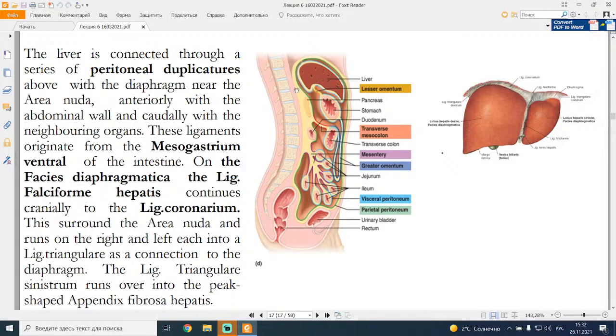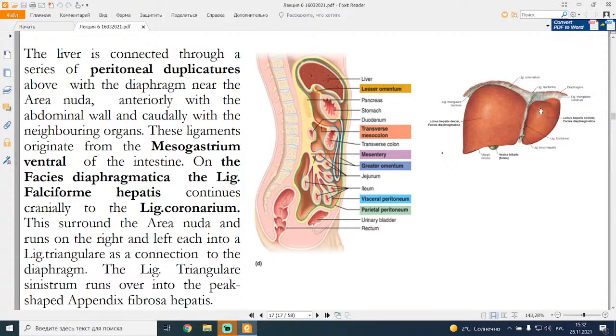This ligament originates from the mesogastrium ventrale of the intestine on the facies diaphragmatica. What you see is the facies diaphragmatica.